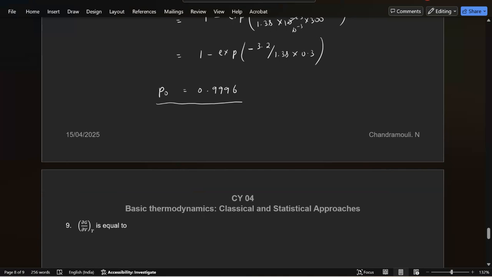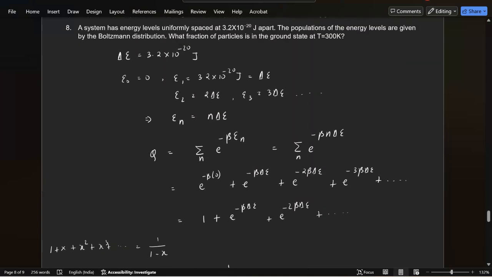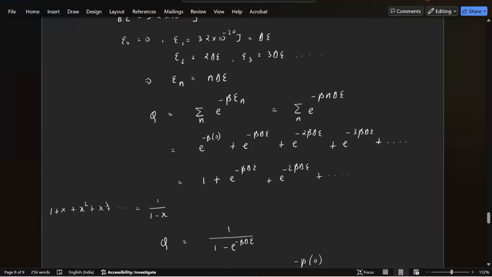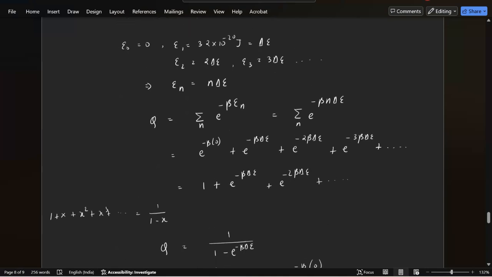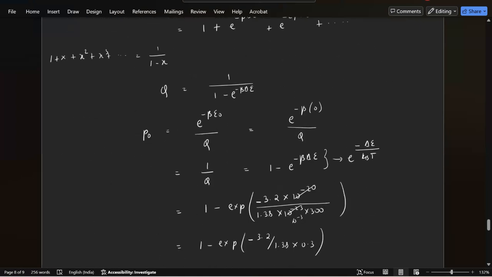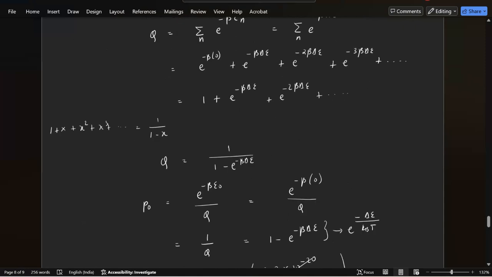All right. Did you understand this? Any doubts? Can you explain again? Okay, I'll explain it again. Which part didn't you understand, the partition function part or the probability part? Probability. So you understood how I'm calculating the partition function, right? Yes, sir. Okay.